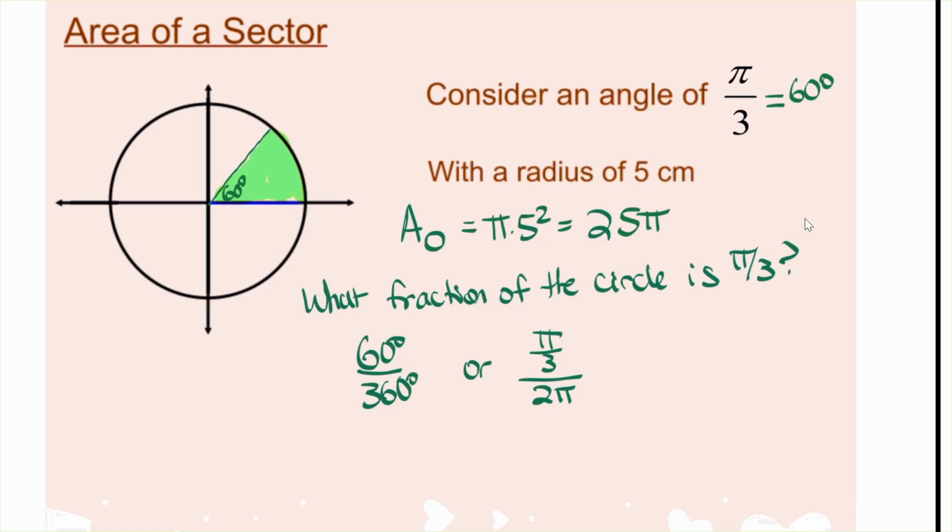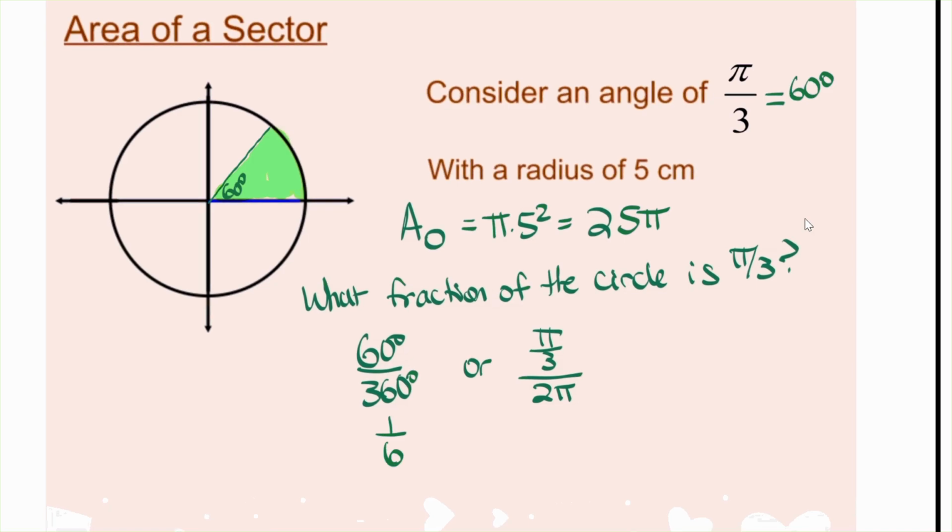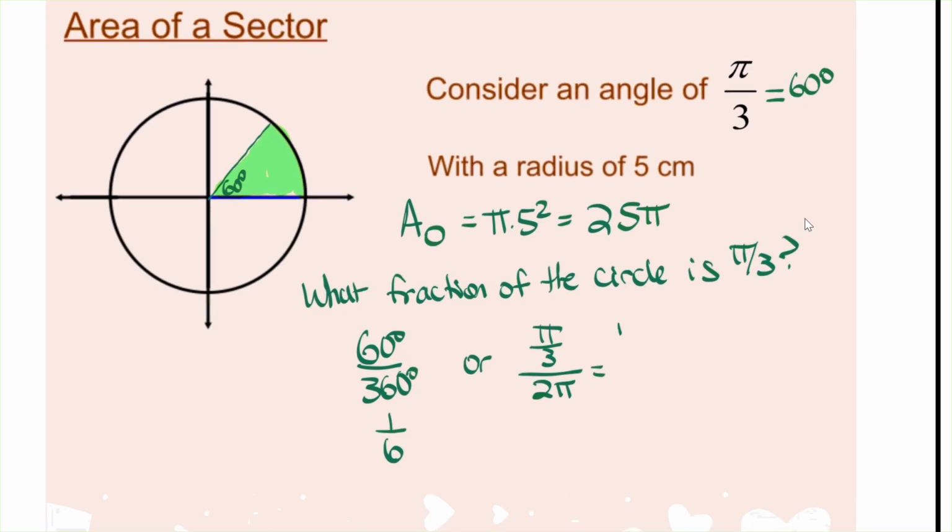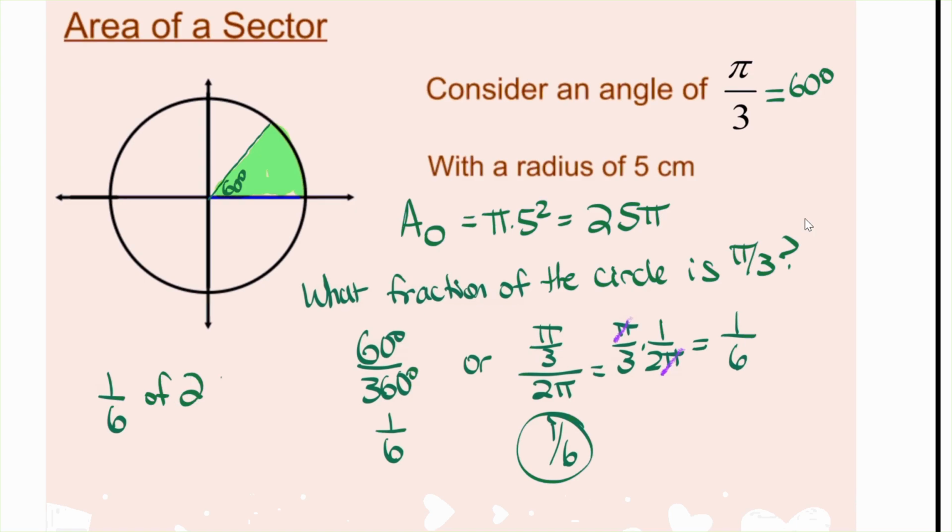Dividing both sides by 60, I get 1/6 as the fraction of the circle. Here I would multiply pi over 3 times the reciprocal of the denominator, 1 over 2 pi. We can see that the pi's cancel, and multiplying across, it's 1 over 6. So either way, the area we're considering is 1/6 of the circle. So it's 1/6 of 25 pi, 1/6 of the whole area.